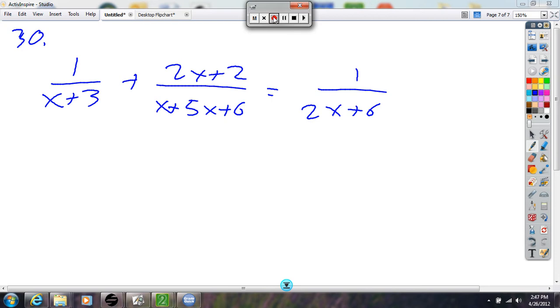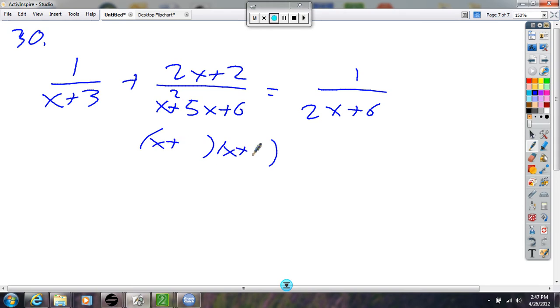Can I factor this one? No. Can I factor this one? Yes. Trinomial. First of all, it's x squared. So what do we get? X and X, plus and plus. What gives me 6 and 5? 2 and 3. 3 and 2. What about 6 and 5? 6 and 1. No. What's 6 minus 1? 5.